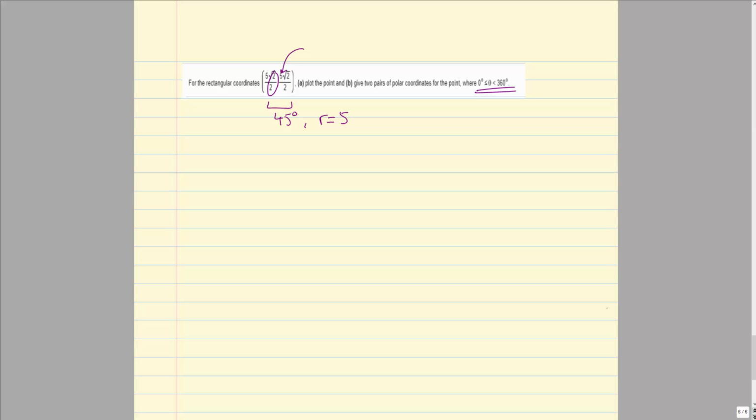Okay, so let's go ahead and first of all plot the point. I'm just going to use the rectangular coordinate system. So I'm going to go over 5 root 2 over 2, and I'm going to go up 5 root 2 over 2, and that's this point right here.